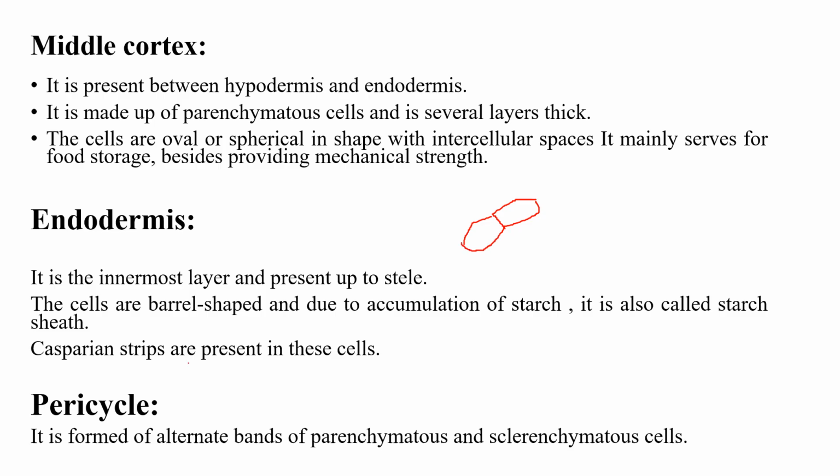Then the Casparian strip is present in this cell. A special type of strip is present on this endodermis, which is known as Casparian strip. Then inner to endodermis, the pericycle layer is present. It is formed of alternate bands of parenchyma and sclerenchyma cells.